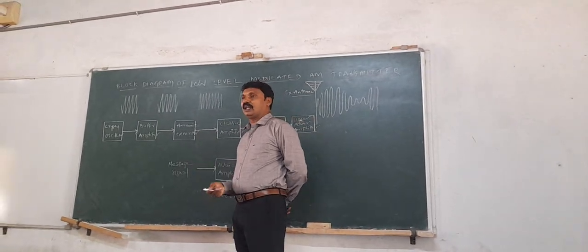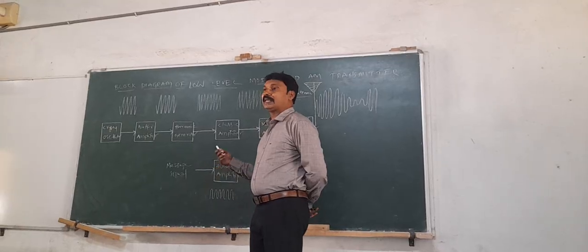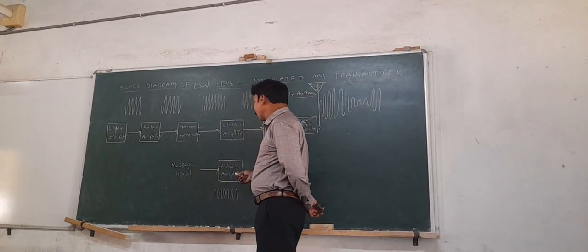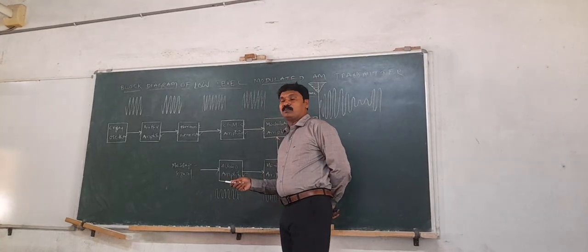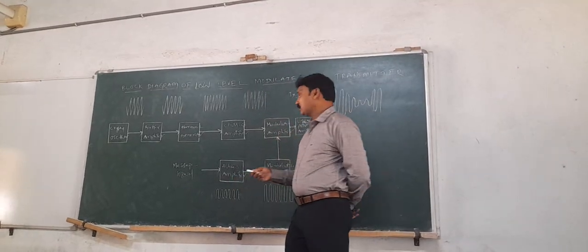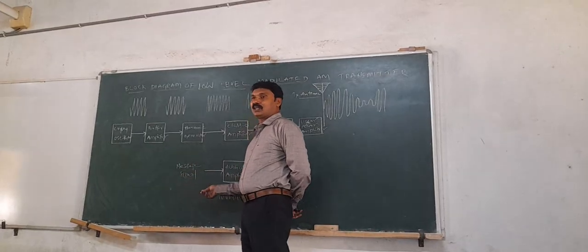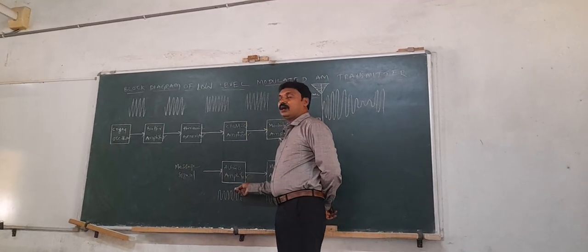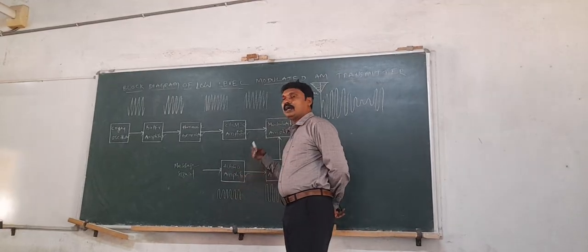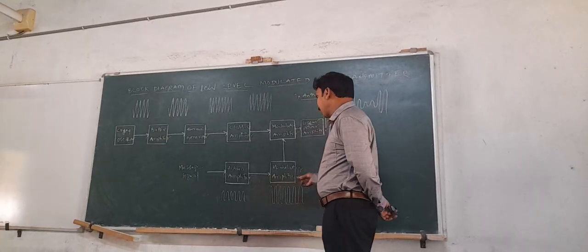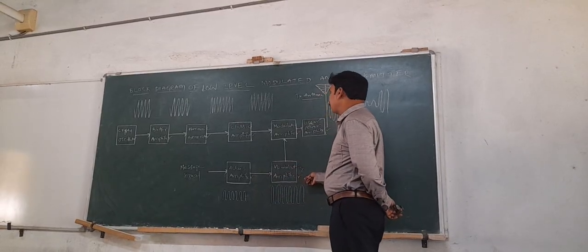It is a weak signal. Now the weak signal has to be strengthened. For that purpose, it is applied to the audio amplifier. The audio amplifier amplifies the low strength message signal. The amplified signal is the output of the audio amplifier. This is applied to the modulating amplifier.